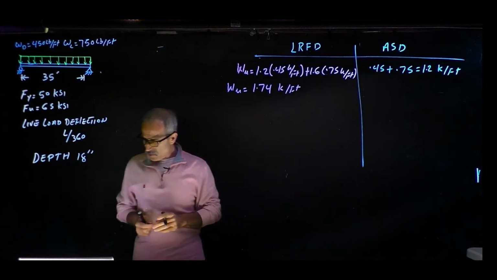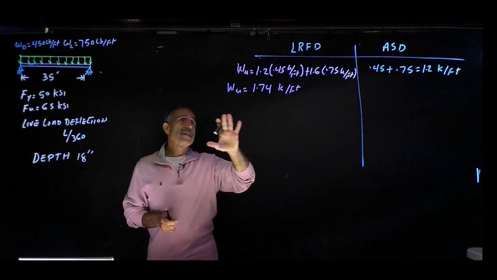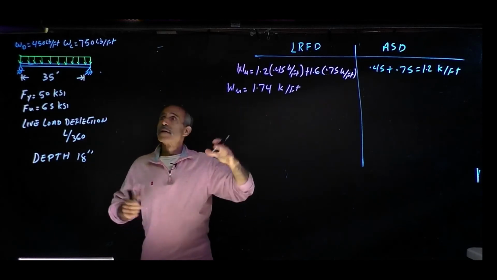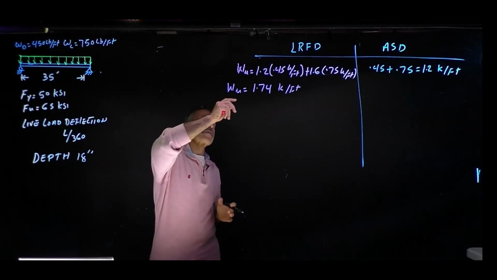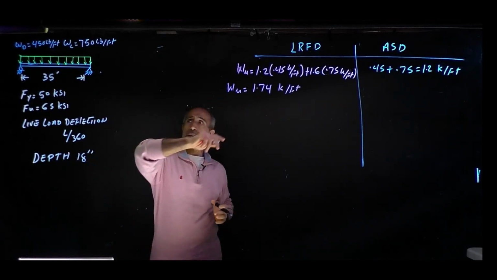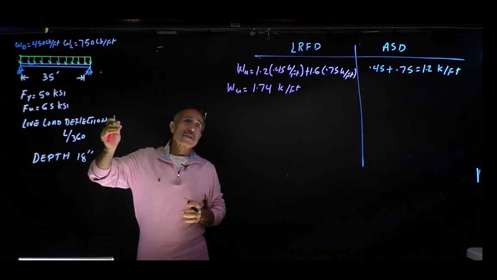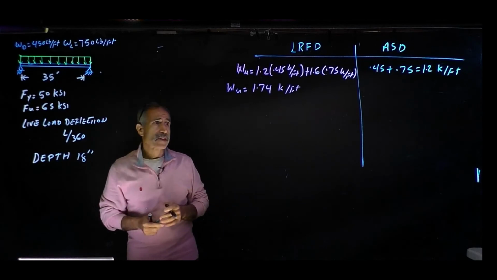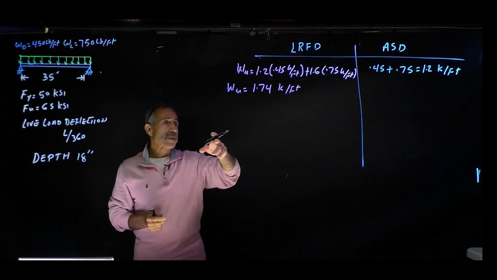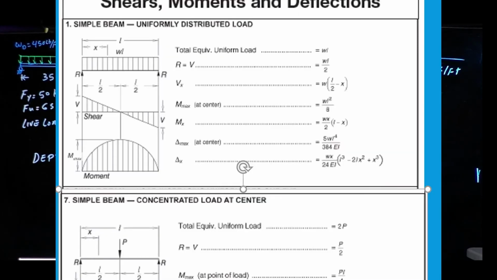Now, we have calculated the load in both load resistance factor design and allowable stress design. Now we're going to calculate the bending moment. We're just going to go ahead and use table 3-23 or the beam formula. Take a look at it on the table right there.